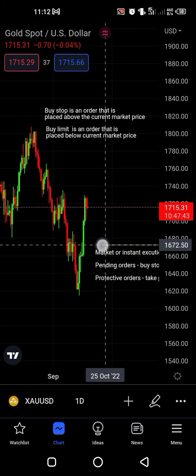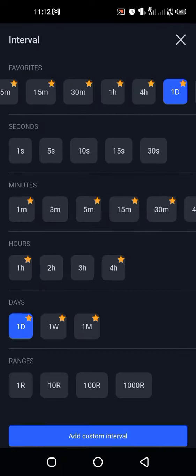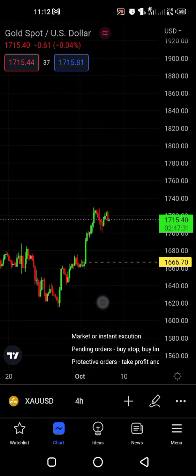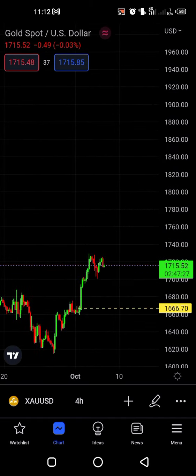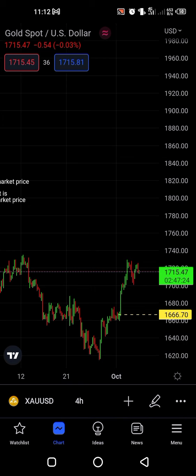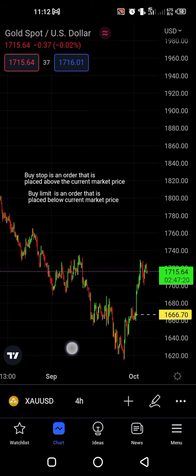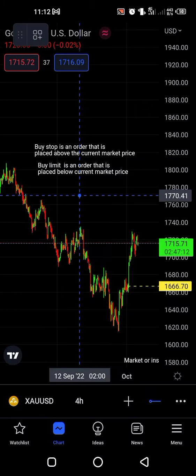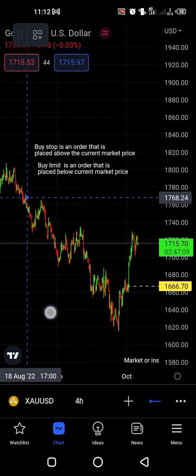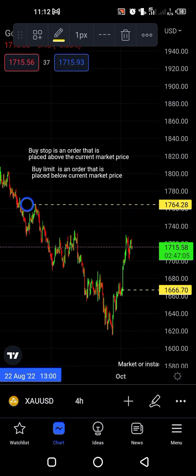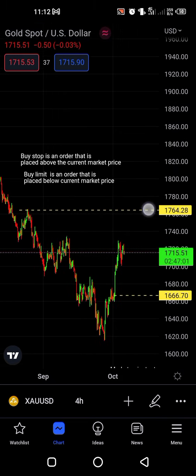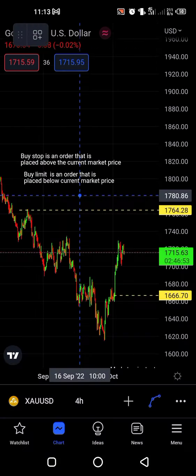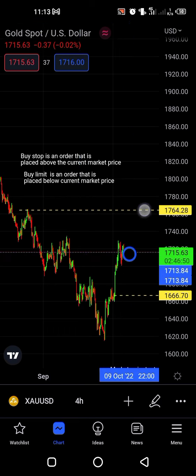Let's say you did your analysis and you believe that now that price has gotten here, price is going to come lower before it goes to where you want it to. This is the current market price, this is where you take profit, or where you feel price is going, but you believe that price will move down first before going up, making this kind of movement.